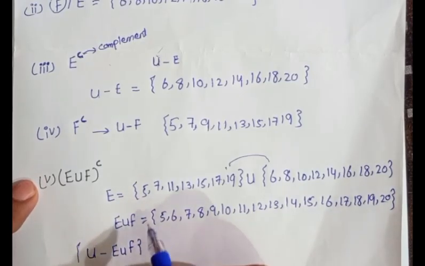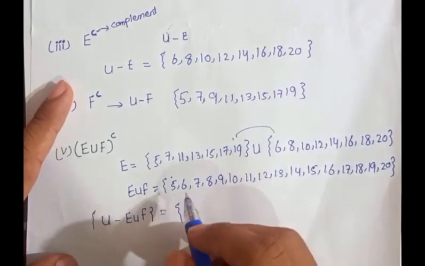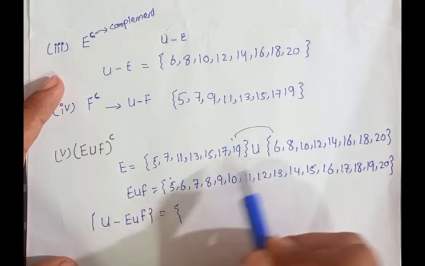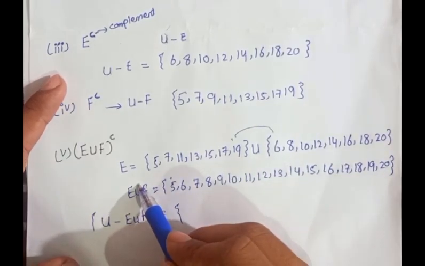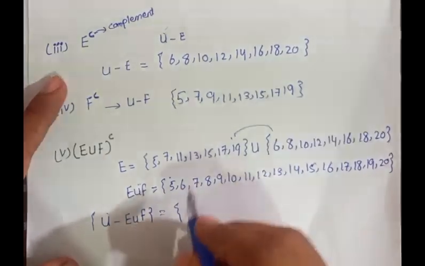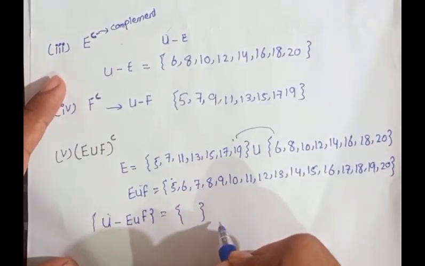By ignoring the common elements on both sides, E union F and the universal set have the same elements, so the result will be an empty set.